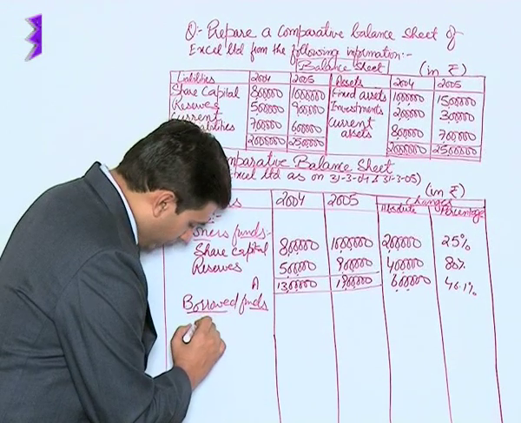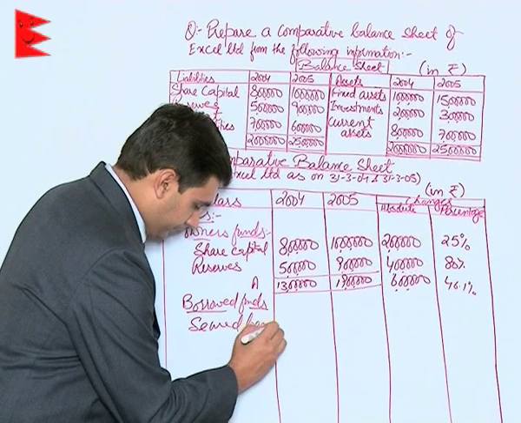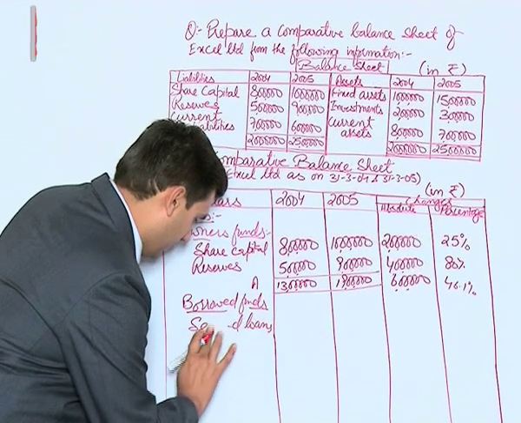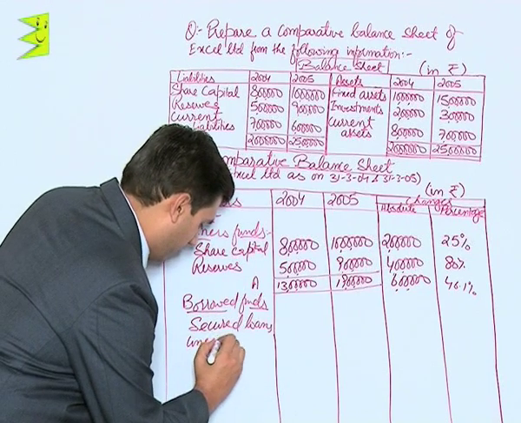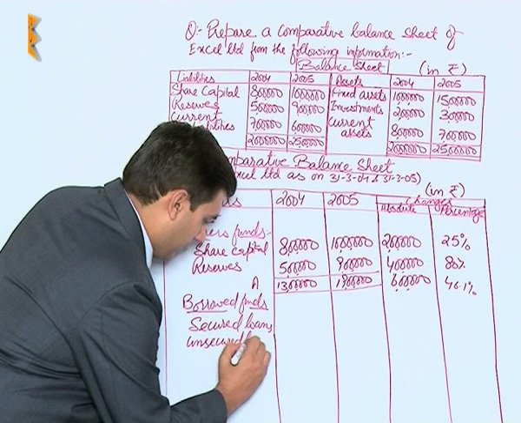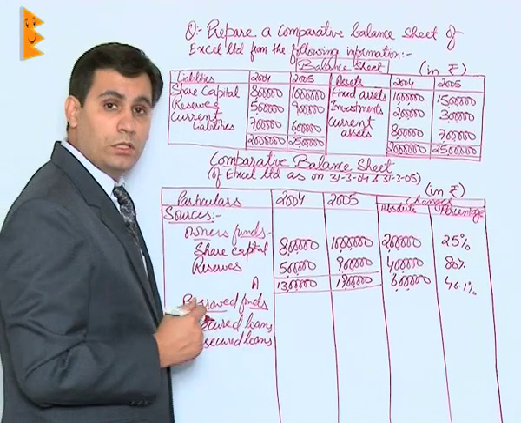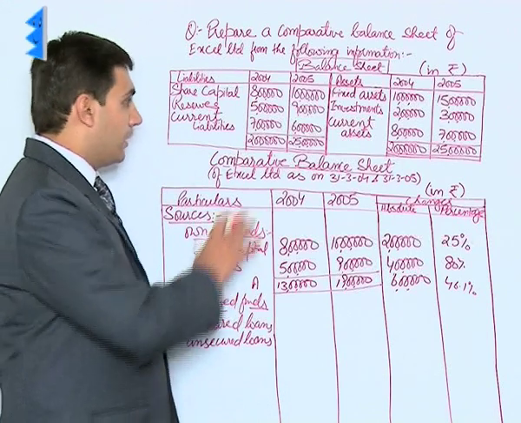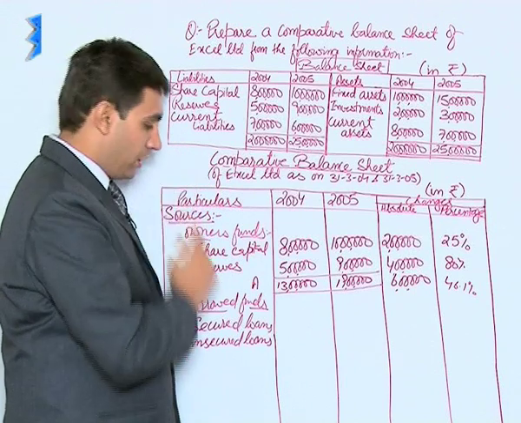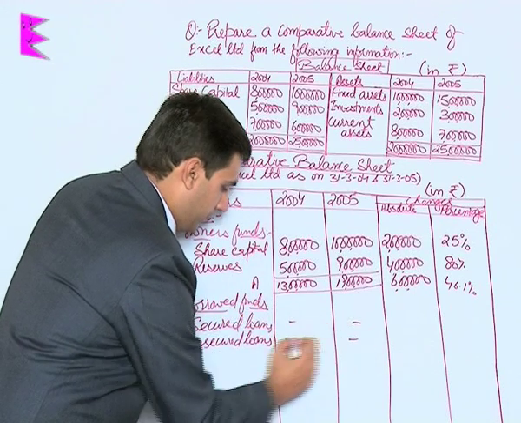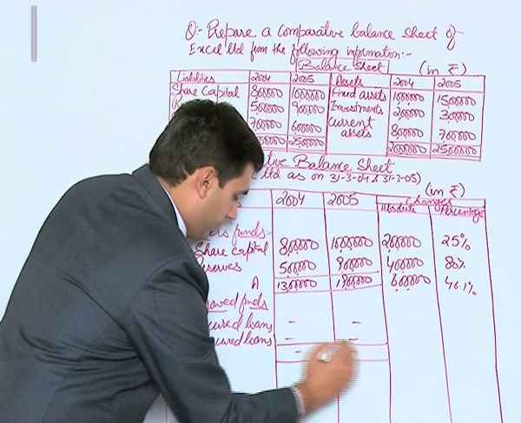So we need to put in secured loans, that is secured and unsecured. Remember, both these figures should be for long-term period. Now, in this case, there are no secured or unsecured liabilities mentioned here. So just put in blanks here. This would be your column B, which is blank.